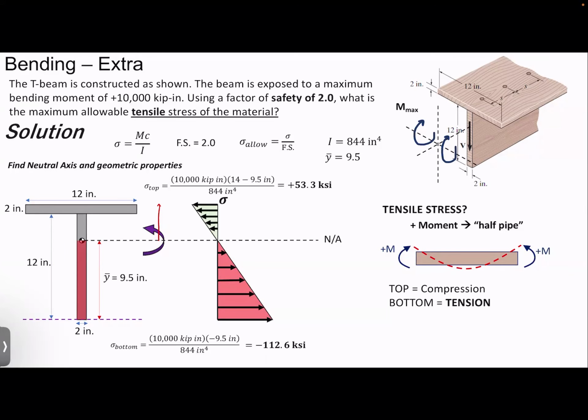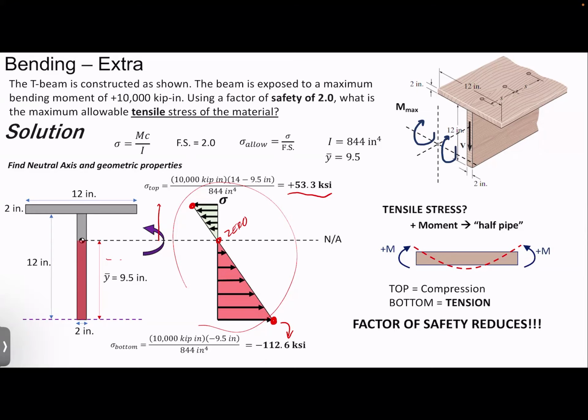If this was symmetrical, and if our neutral axis was at the center of it, then we would have them equal to each other. Would you expect us to draw it like this? No, you don't need to draw it, but just know that this value is that value. This value is this value. And obviously, here is 0. So you can draw it pretty easily. It's just two points on a line.